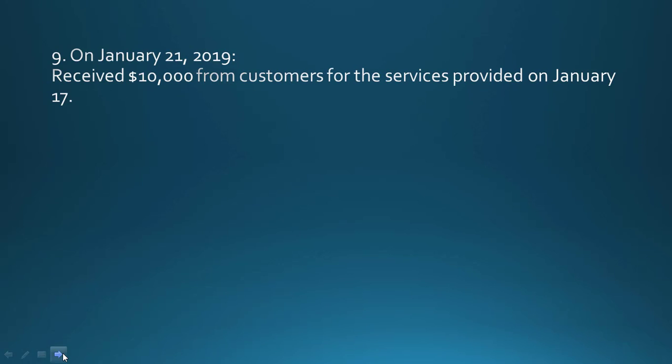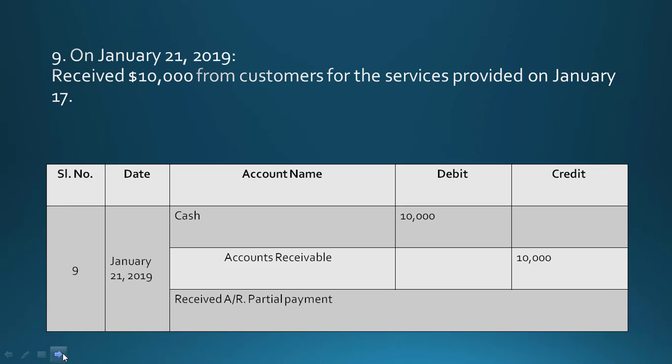On January 21, 2019, you have received $10,000 from customers for the service provided on January 17. So on January 17, you actually had some accounts receivable of $15,000. Now you have received cash. So what should happen? As you are receiving cash, the cash will be debited because the asset has been increased.